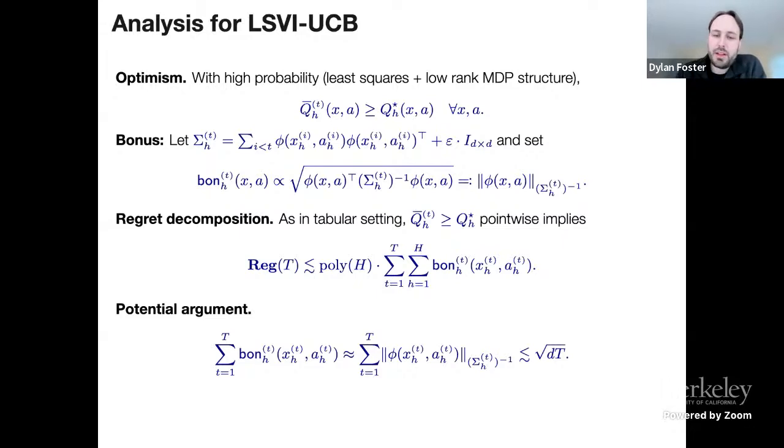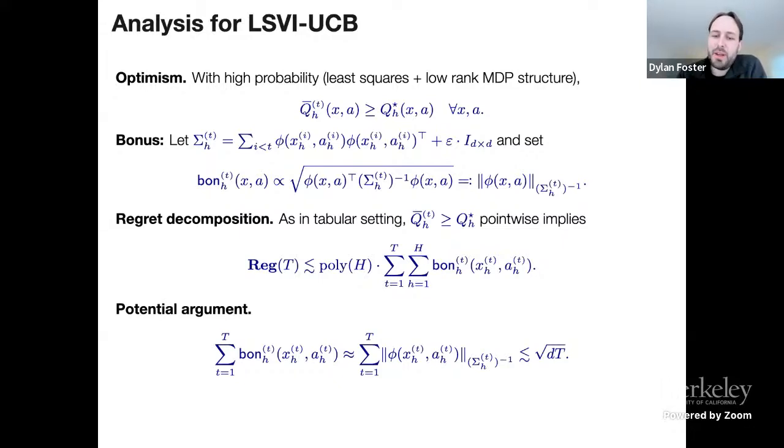So let's look at the sum of the bonuses for step H within the episode. The bonus for episode T is this quadratic form of phi under the second moment matrix sigma T. Let's suppose this bonus is big.